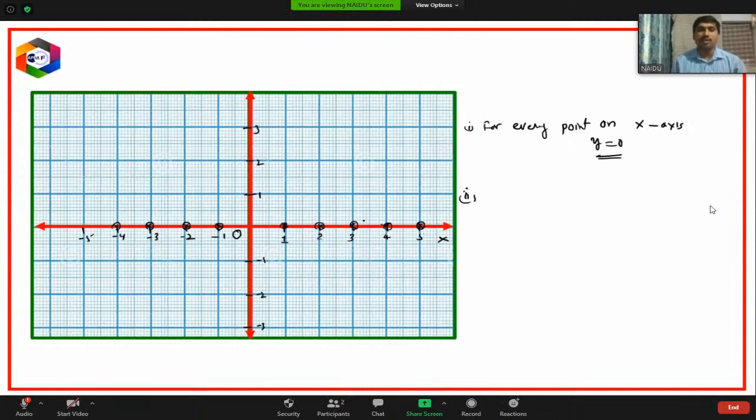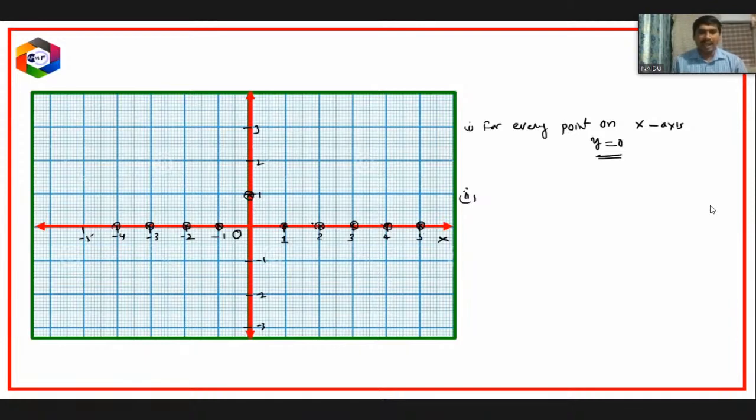Let us observe the points on the y-axis. For this point, along the horizontal direction there is no movement, so only vertical distance, which we can call 0,1. This is 0,2, and similarly 0,3. This is 0,-1, 0,-2, 0,-3.